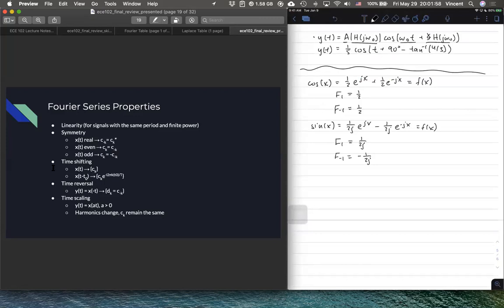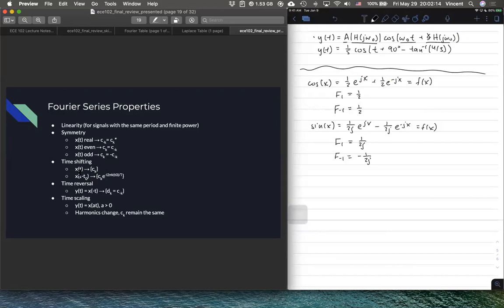And then there's also time shifting. Sorry, all these are in discrete notation, but c of k is the same as F of n. This is a different notation.